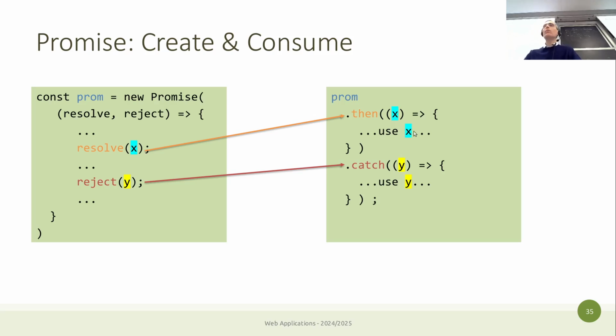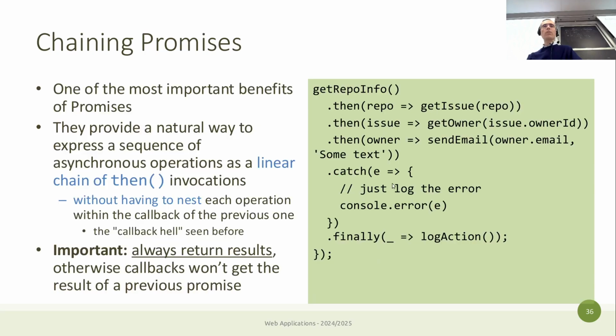We printed it, but typically in the then, you pass it to the next operation. Okay? As we saw before. In the catch, you're free to do what you think is appropriate. Log the error, print it on the console if you are debugging, and so on. Okay? So like here, get repo info. Let's assume it's a function that returns a promise. You can do .then.